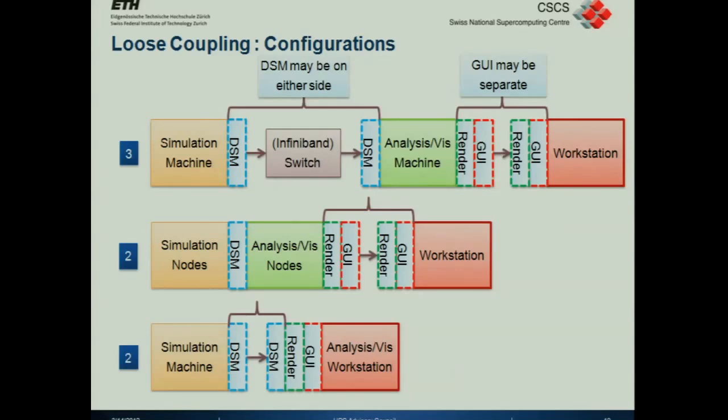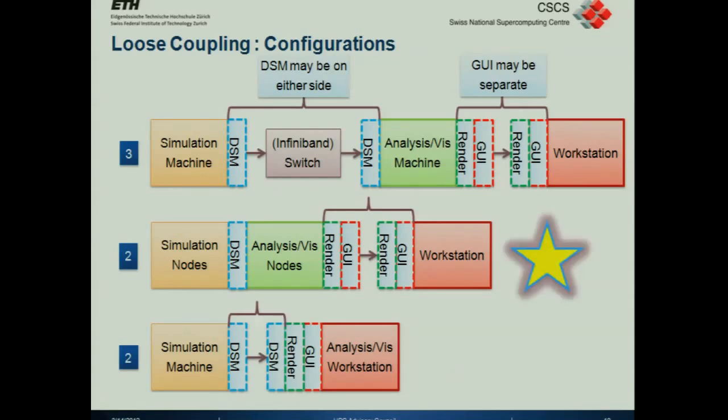Some of the advantages of a loose coupling are that you can have, for example, a simulation machine up here connected via either an InfiniBand switch or if it's on some other network, to an analysis machine. And then because we're using a ParaView client-server framework, we can have the GUI running on your workstation, we can have a viz cluster doing this, and we can have the big Cray doing that.